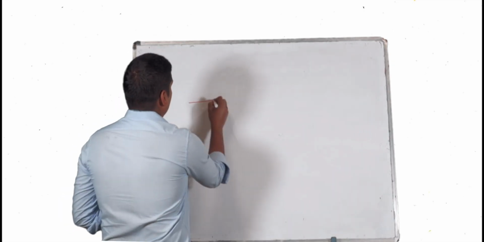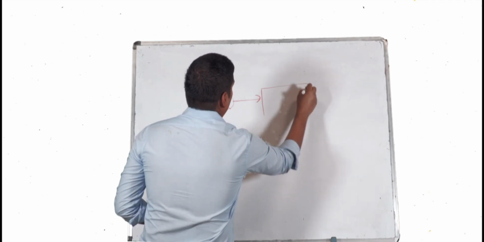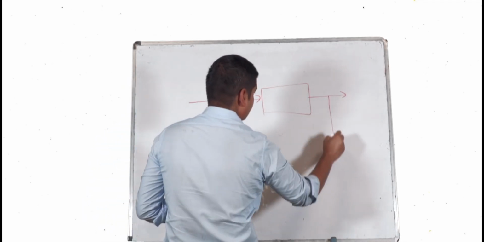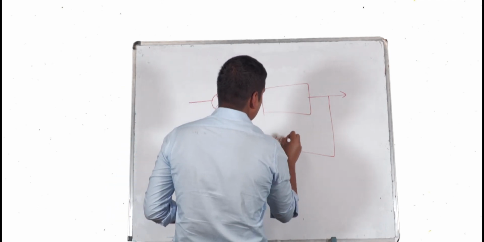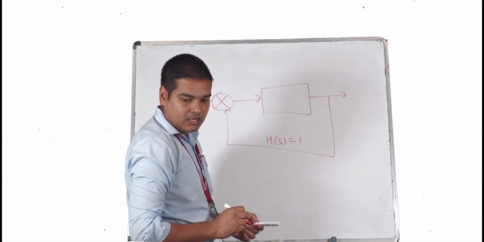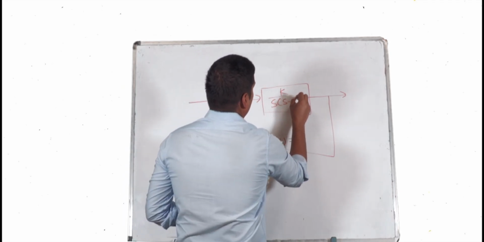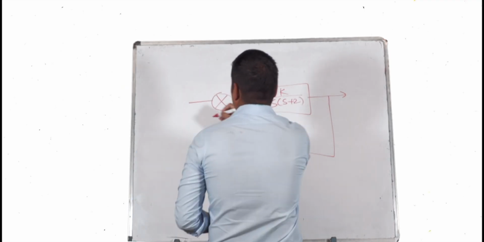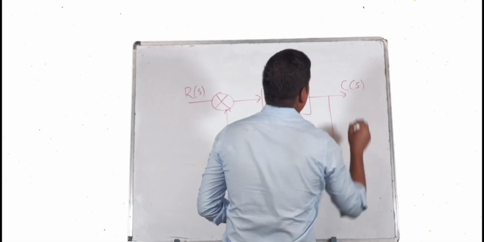First we will take a simple second order system with unity feedback. So this is a unity feedback system. H of s is always going to be 1, and this is going to be our transfer function, and the reference input is r of s, and this is c of s.